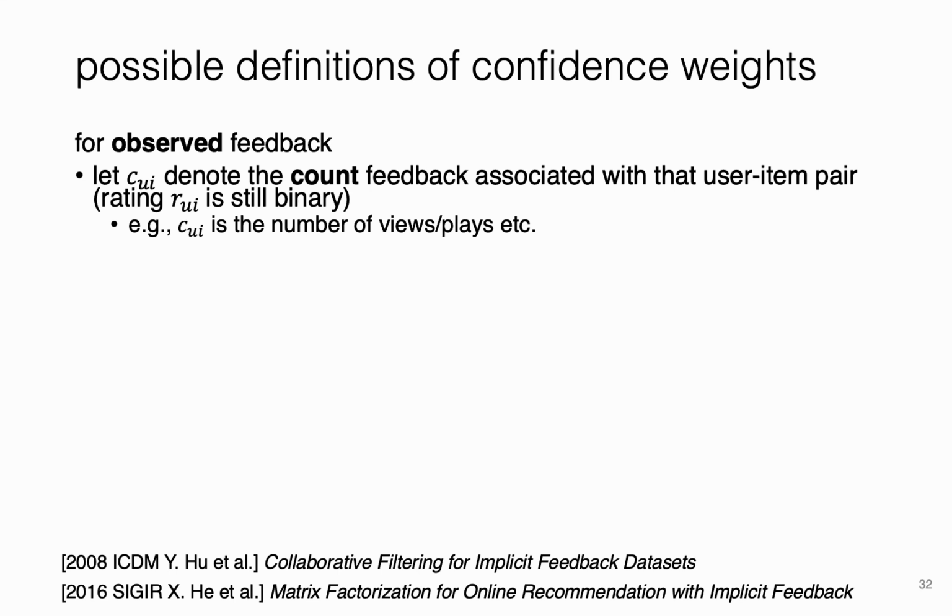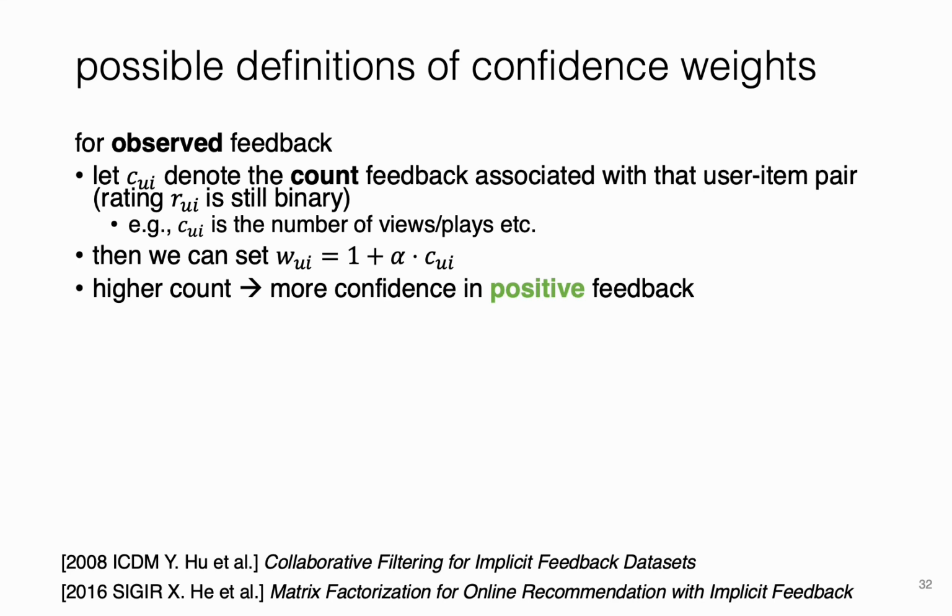One way to define confidence weight is by setting WUI, the weight, equal to 1 plus a scaled version of CUI. When the count increases, so does our confidence that this feedback is positive, and the rate of increase is controlled by a parameter alpha.